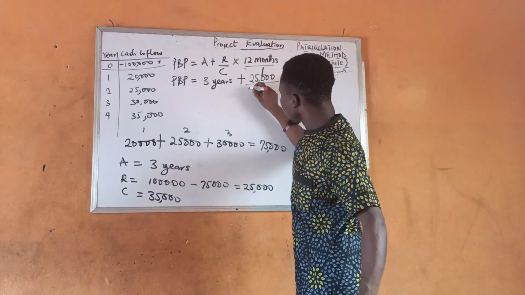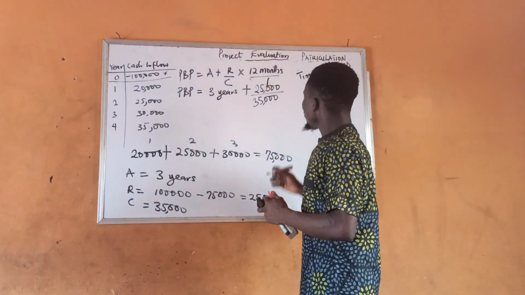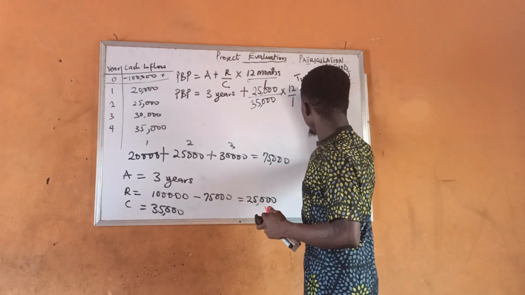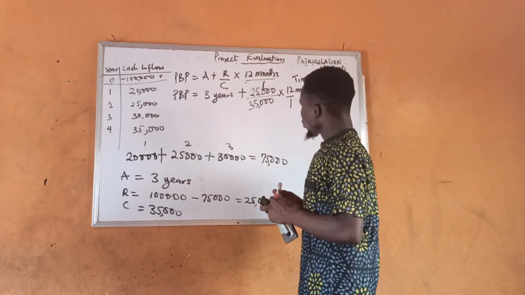So we'll have 35,000 multiplied by 12 months over 1. This is 12 months over 1.